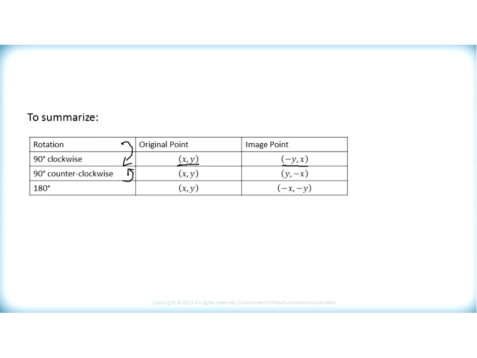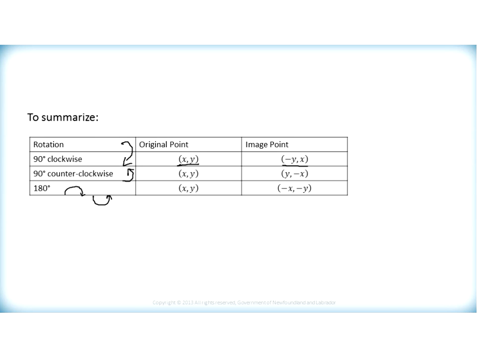And lastly, if we got a 180-degree rotation, and it doesn't matter if you're rotating clockwise or counterclockwise, you're going to end up at the same point in either case when you're rotating 180 degrees.